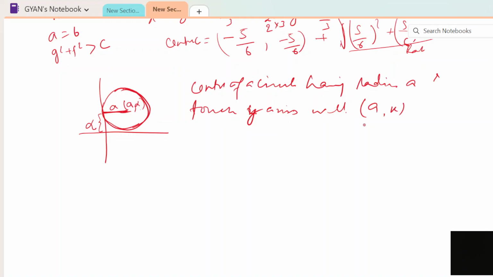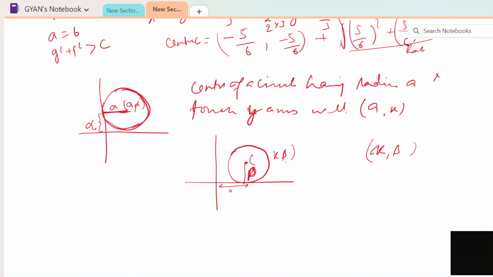Suppose k. K will depend upon the y-intercept. Now, if touching the x-axis, suppose this is beta. So the center of this one is (k, beta). If it is touching the x-axis, then the center will be (k, beta). What will k be?